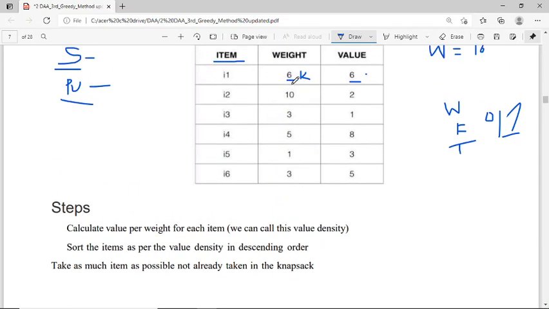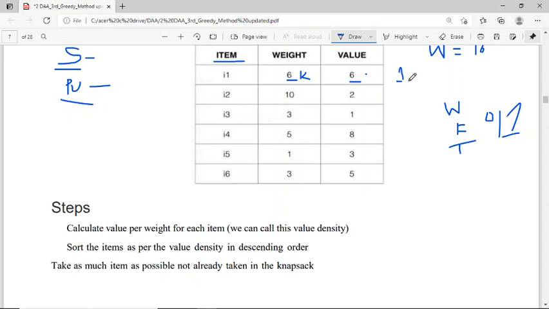For example, here 6 kg and the value is 6. So this 6 kg total price is 6 rupees. What is the calculation? 6 by 6 is 1.